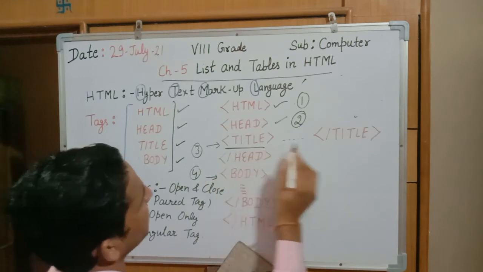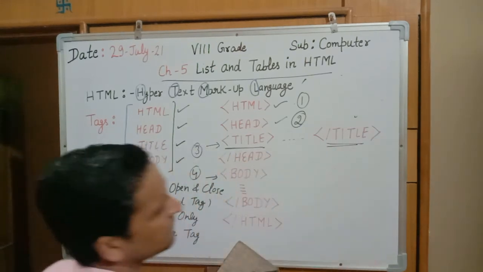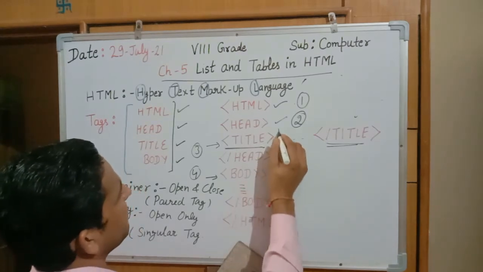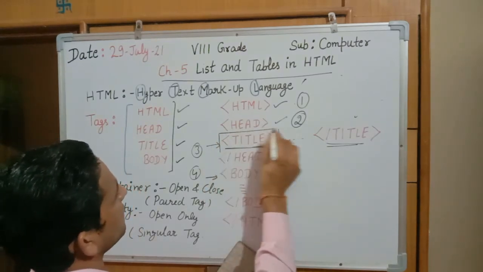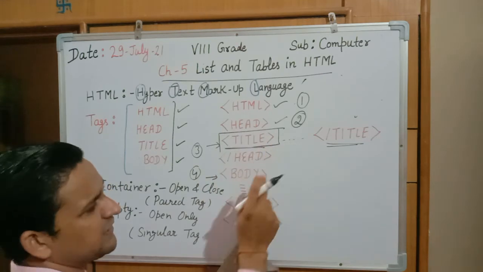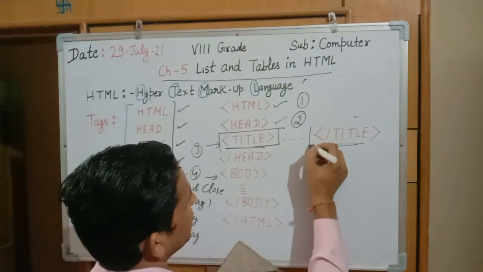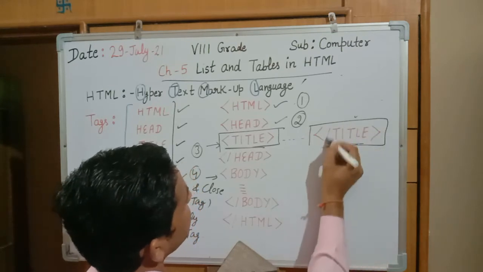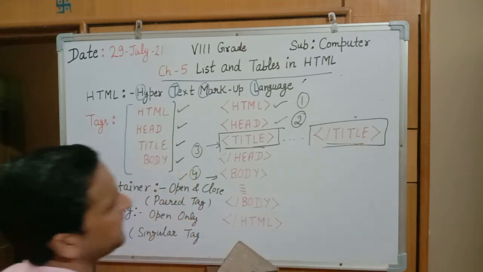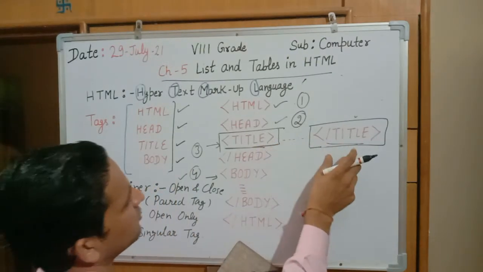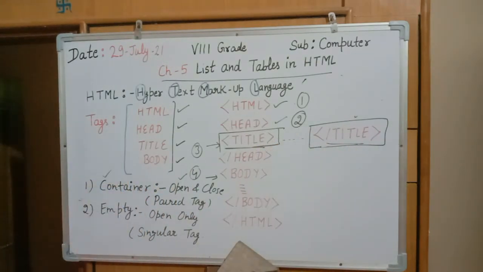I have written title one time here and one time in this position. What is the difference? If I write it in this form, it is the opening of the tag. If I write it with a slash, it is the closing of the tag. Any tag that opens and closes is known as a container tag.